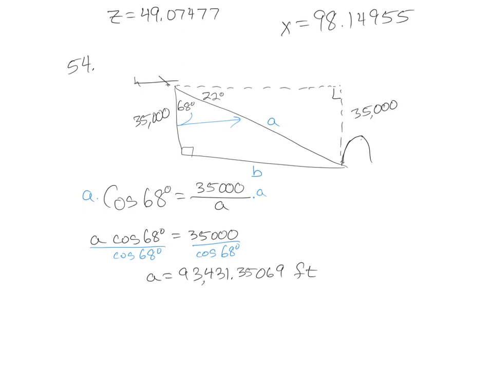All right, how do we solve for B? So from 68 to get B, we have the opposite leg and the adjacent leg. So tangent. You should always keep using the same corner that we started with and not use the new numbers, just in case you made a mistake.